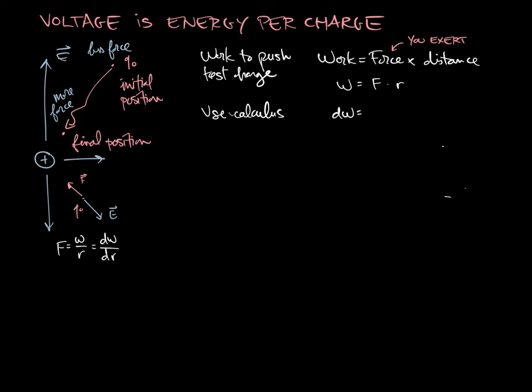Let's write our differential work as our force times our distance. The force, we know that the electric field is defined as the force divided by the test charge. And we know that our force that we exert is in the opposite direction, so we can substitute now for the force.